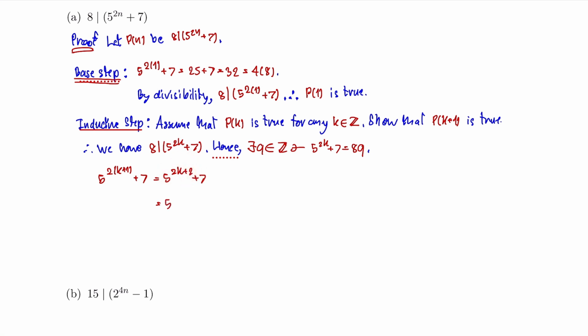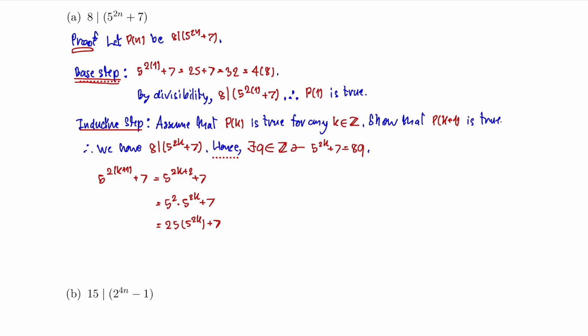So we're going to have 5 squared times 5 to the 2k plus 7, then we have 25 times 5 to the 2k plus 7. I have to show that this number has 8 as a factor. Right now we cannot factor 8 out of these two terms. So what I have to do is use P(k), which is true, as a useful tool.